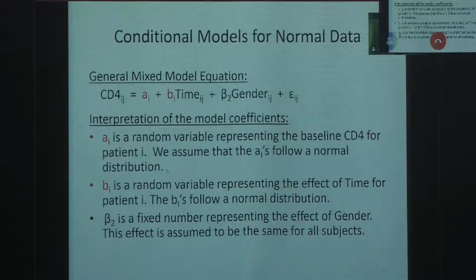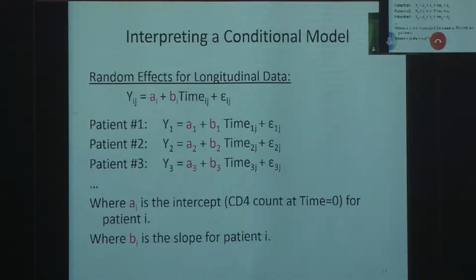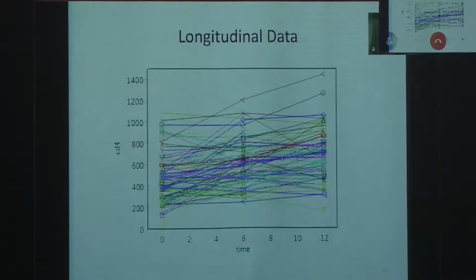Making it more personal, if I just drop the gender effect for simplicity, patient 1 has this equation. CD4 count for patient 1 is A1 plus B1 times time. Patient 2 has an equation A2 plus B2 times time, and so on. Each person has their very own equation, and this is how I'm picturing the data. Every person starts at a different point.